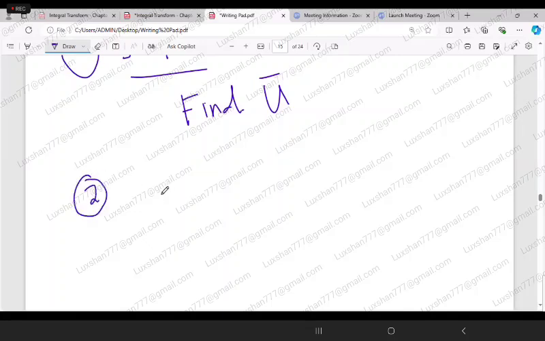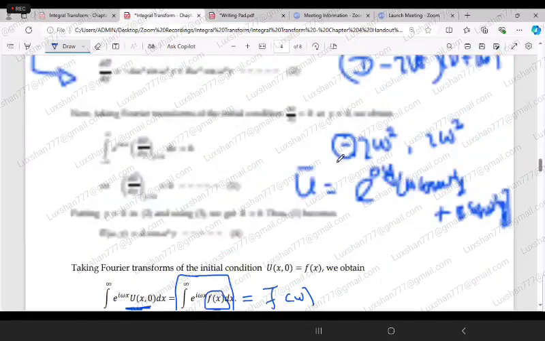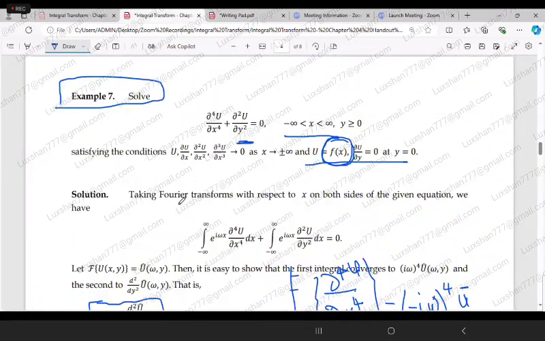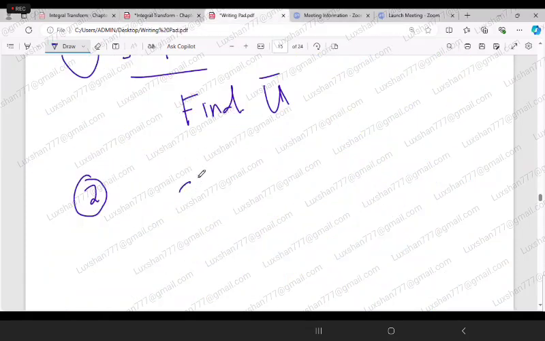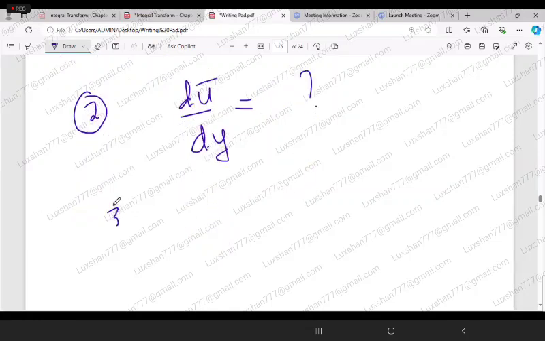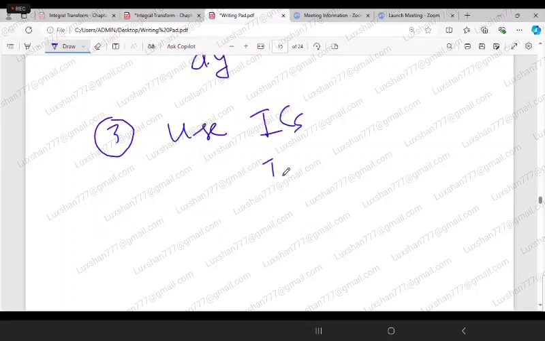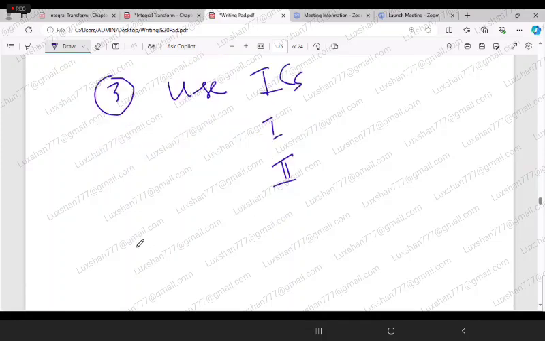Second, differentiate u bar with respect to y, because we are given this condition, so find du bar/dy. Third, use the initial conditions, there are two of them. Fourth, take the inverse Fourier transform.